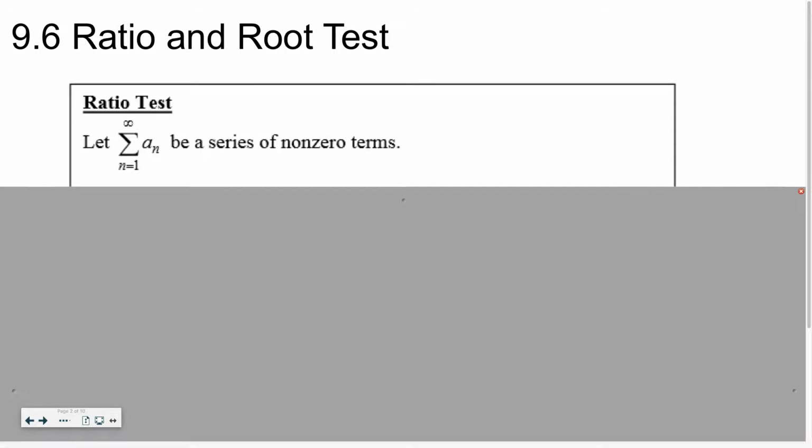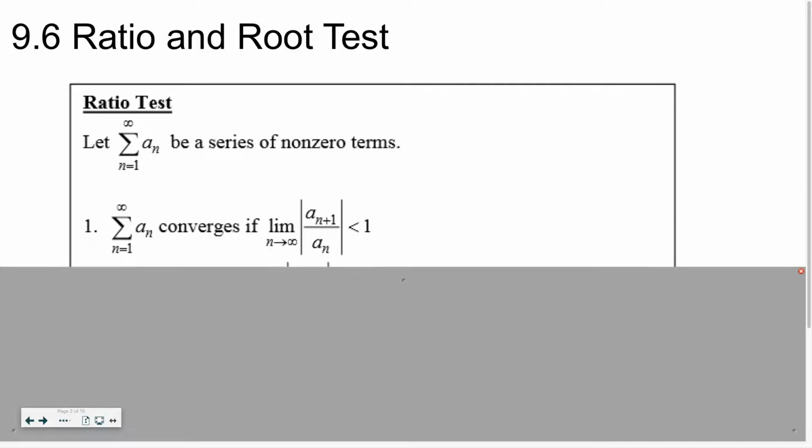First, we have a series of non-zero terms. This series converges if the limit of the ratio of a sub n plus 1 and a sub n is less than 1. Hence the name ratio test.